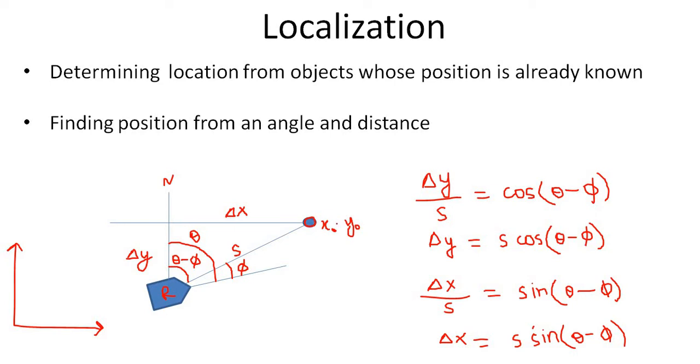And since the location of this object is known with respect to this reference frame, we can also calculate the position of this robot in the reference frame. And the orientation is already known. Okay, so this was a very simple method of localization in which we are given the distance and an angle.